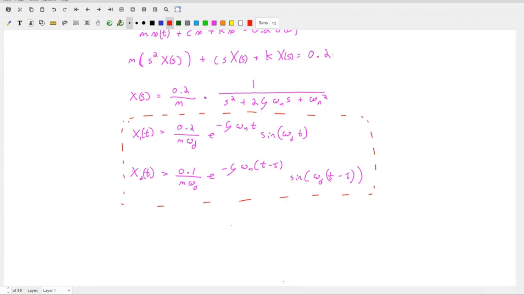Because we know that the system is linear, and the Laplace transform of a linear combination of two transforms is the same as the linear combination of the transforms of these functions, we can build this into a piecewise function.